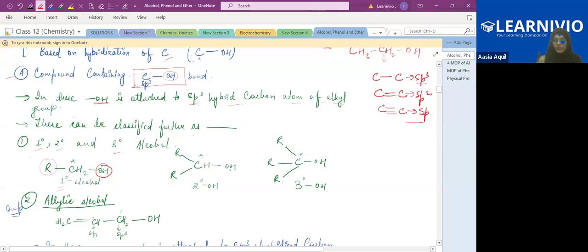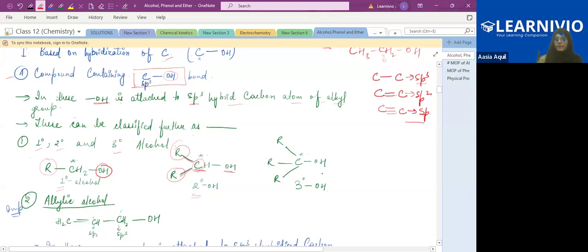For secondary alcohol, you have to check this carbon: how many groups are attached? Two groups are attached, this R group and again an R group, which can be different or the same. Then it is known as secondary alcohol.